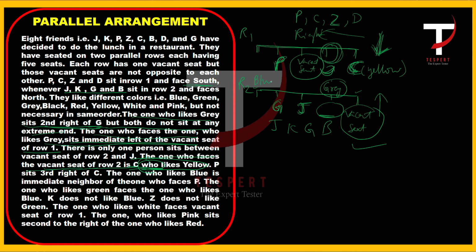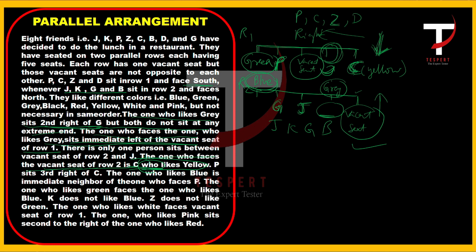The one who likes green faces the one who likes blue. So the one who likes green must face the one who likes blue. Here this guy likes blue, so green must be here because they are facing each other, right? So J won't like blue because J faces a vacant seat.